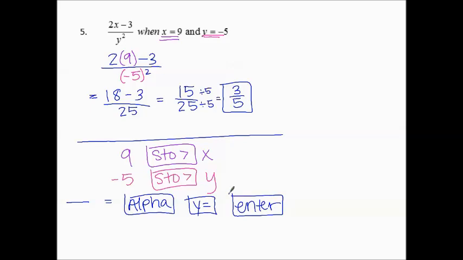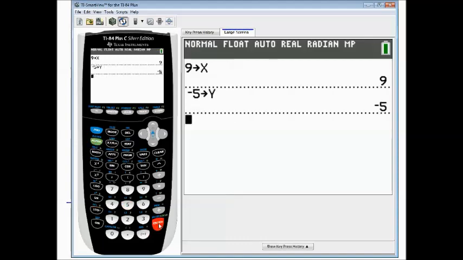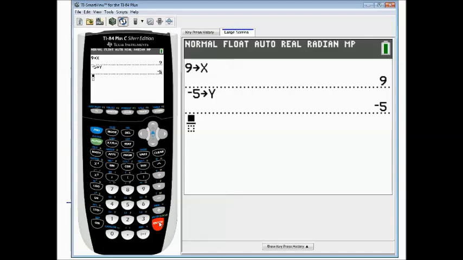So let's go ahead and do this one. The first thing we need to do is store our values. So we're going to do 9, store as x, negative 5, store as y, alpha 1. And now I'm going to write my expression. I'm going to do my fraction first. So alpha y equals, enter, 2x minus 3 over alpha 1 squared.